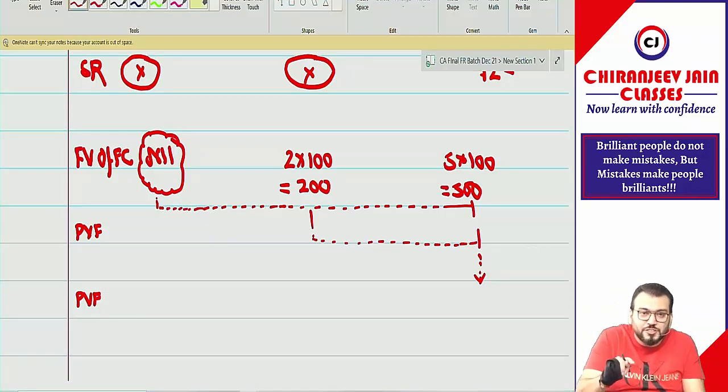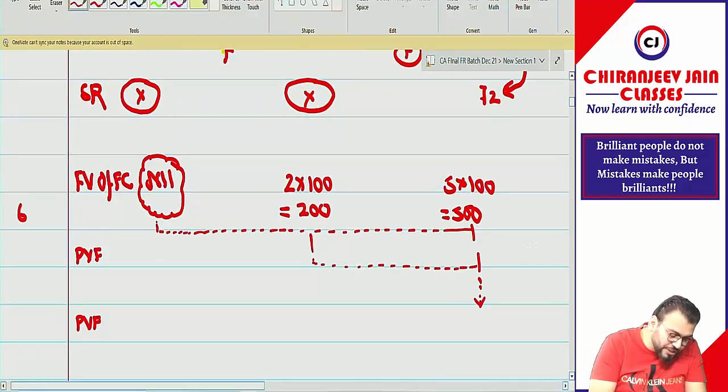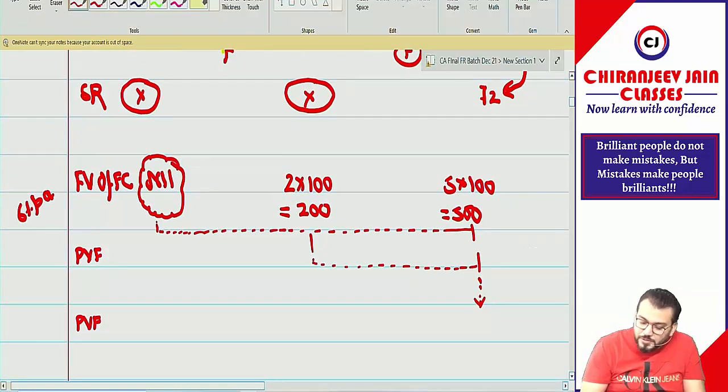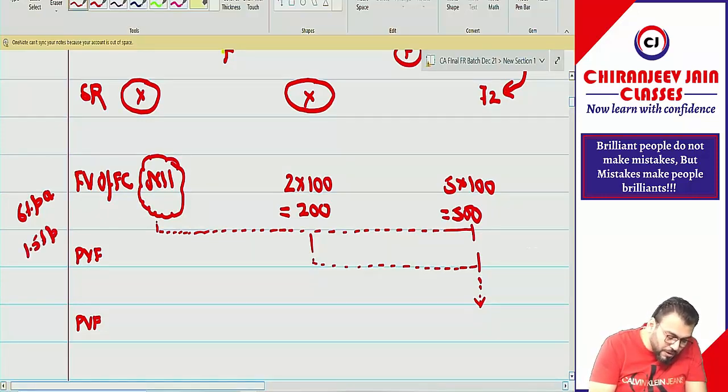At a rate of 6% per annum it is given. So how much per quarter? Can I say the discounting rate is 6% per annum, so it is 6 divided by 4, that is 1.5% per quarter.